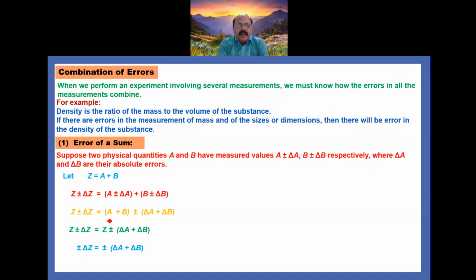We get Z plus minus delta Z equals, within bracket, A plus B plus minus delta A plus delta B. But this A plus B is equal to Z. So substitute the value of A plus B. Then the expression becomes Z plus minus delta Z equals Z plus minus within bracket delta A plus delta B.